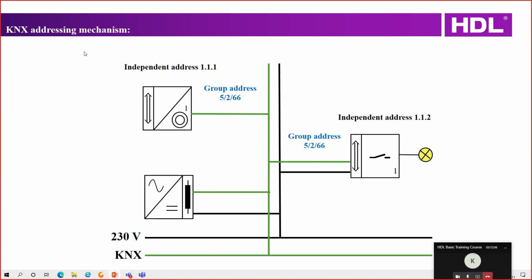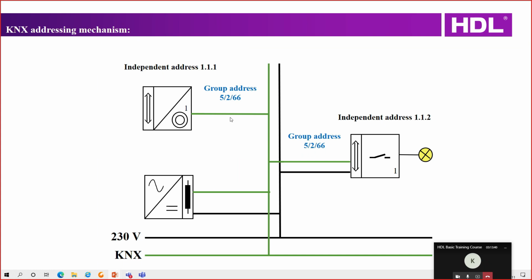Like in our Bus Pro system, we have the subnet ID and device ID to differentiate it. But in KNX system, we also have a KNX addressing mechanism. And the independent address is like the subnet ID and the device ID of the device in the Bus Pro system. The device independent address is unique in the whole system, and the group address is used to control it.